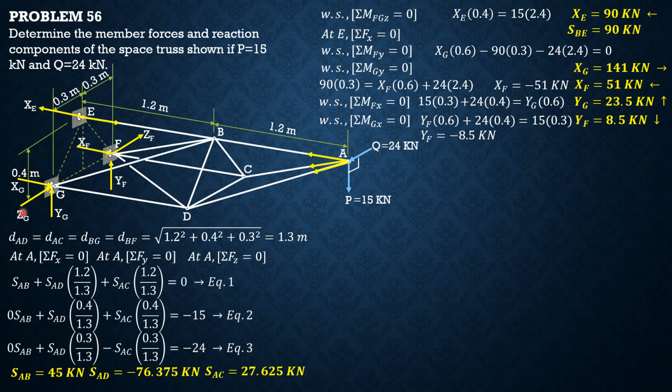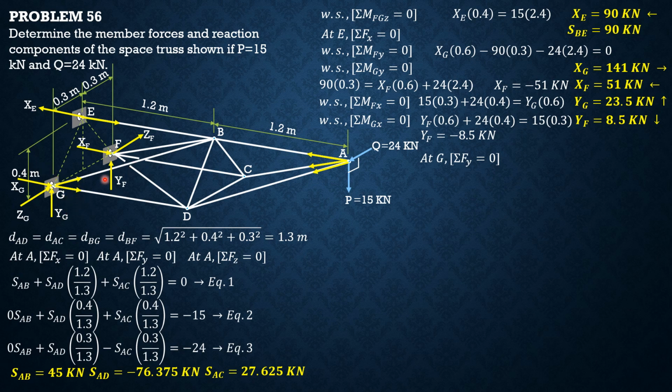Along Z, we do not know yet GZ and GF. We will find them from the forces in members. Then let's check later on the summation of forces along Z. So at G, summation of forces Y equals 0 to solve for the force in member BG. So SBG times 0.4 over 1.3.